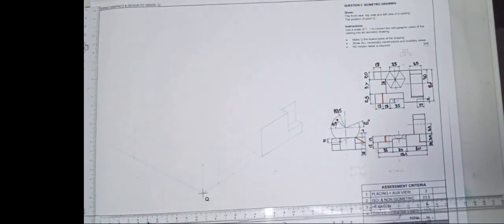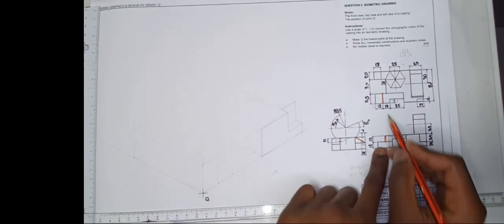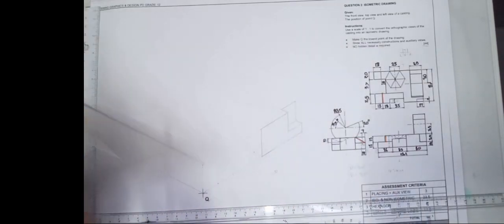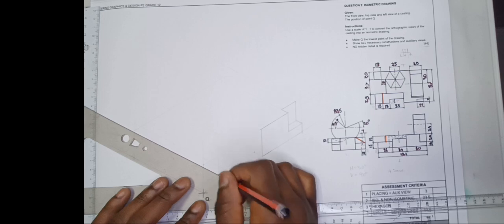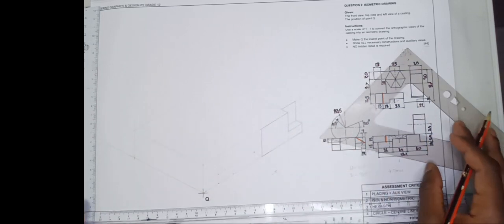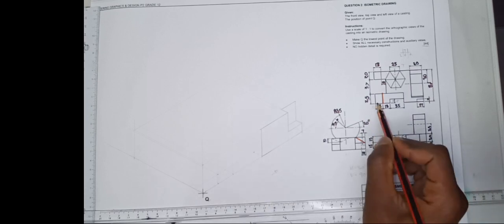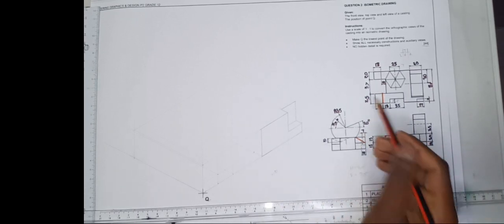Okay, how do we get this diagonal line? So we say from here to here is 18, which we have measured. Then on that 18 we can use our 30-degree angle again. Okay, then we have to measure 25 from here to here. This is 25.